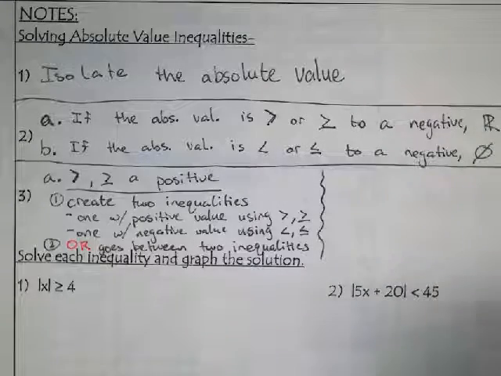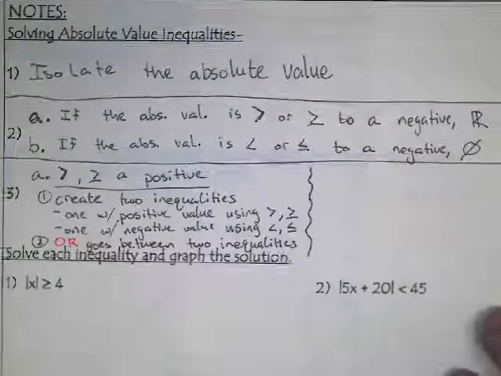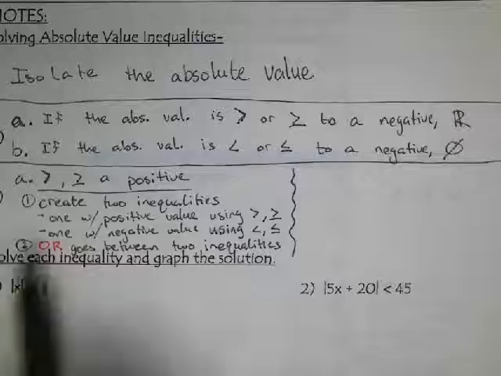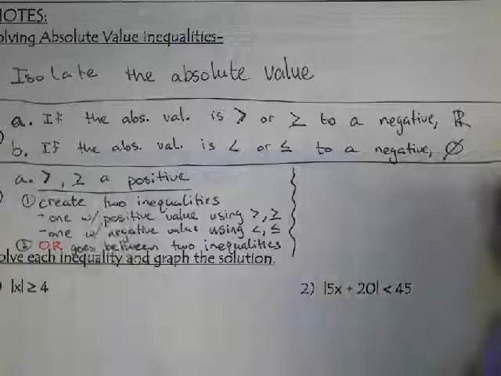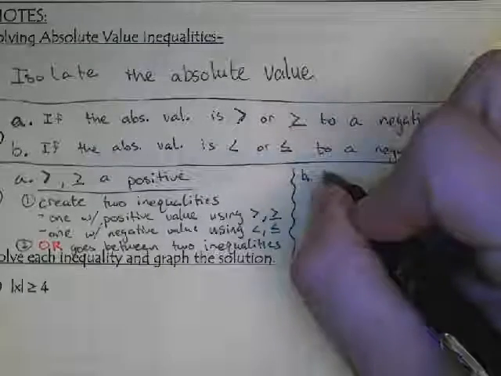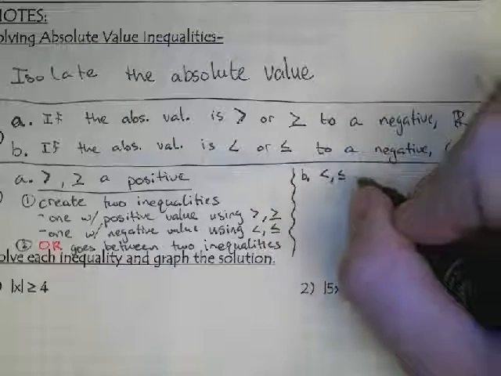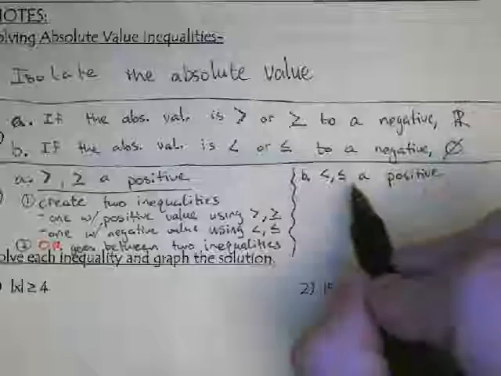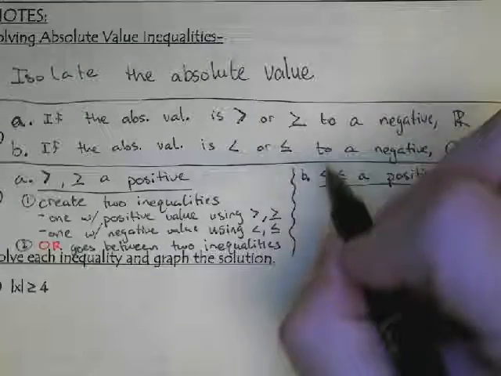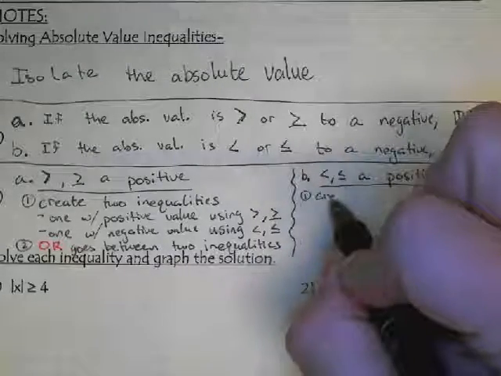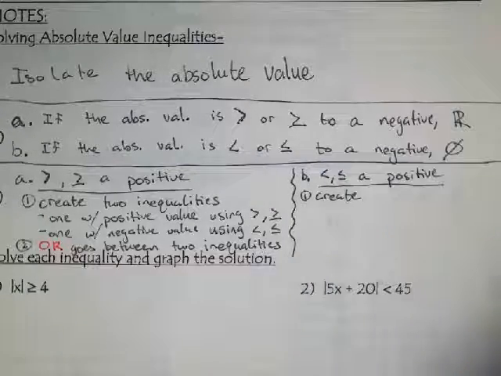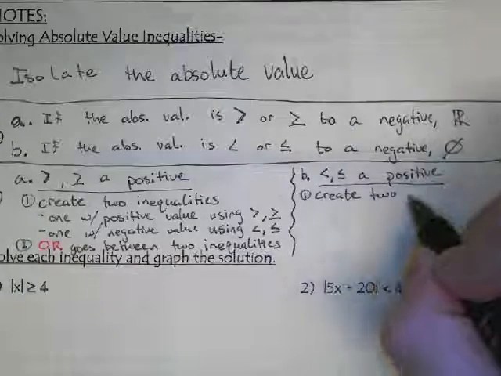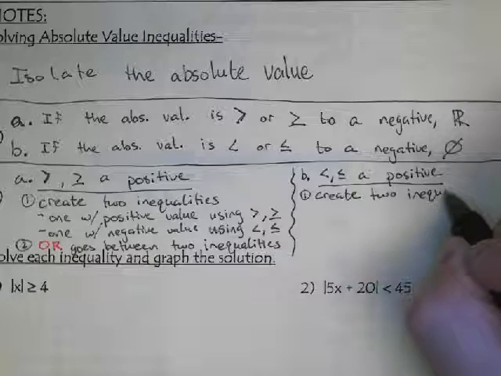Then we'll have our B side of this, and that's when we're less than or less than or equal to a positive. So step one is the same. Create two inequalities.